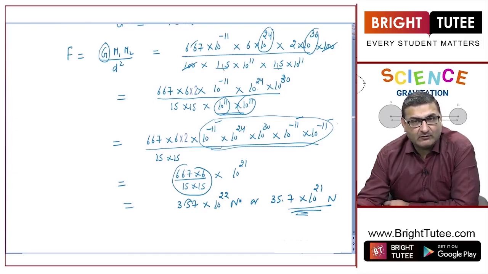We understood how G came into existence, what G is, what the normal value of G is, and what the unit of G is. Then m1 and m2 represent the masses of the objects, and d represents the distance between the objects. By increasing the masses, or by decreasing or increasing the distance, the force of attraction between 2 objects will be impacted. Got it? So, this is all about the universal law of gravitation.